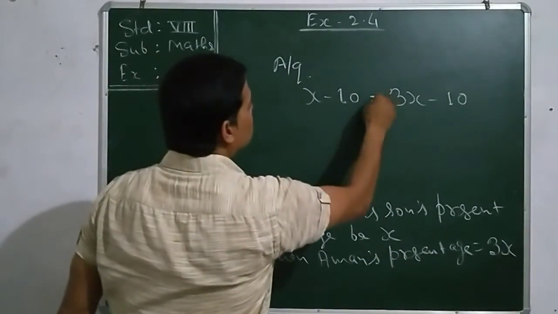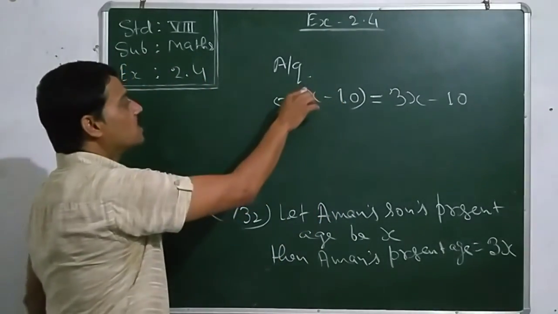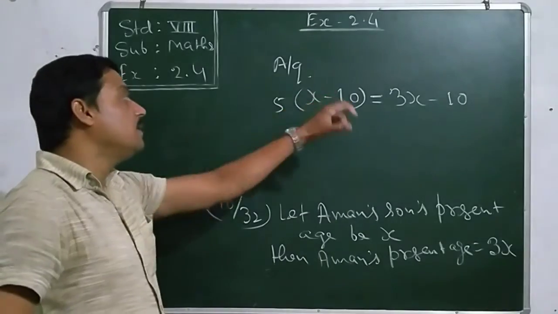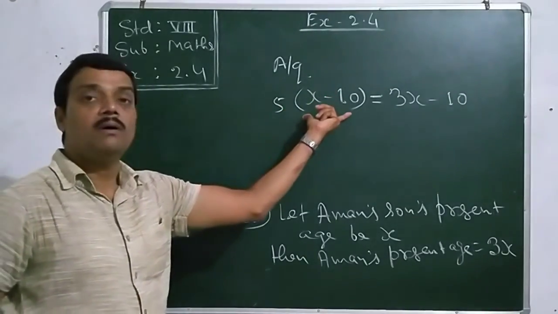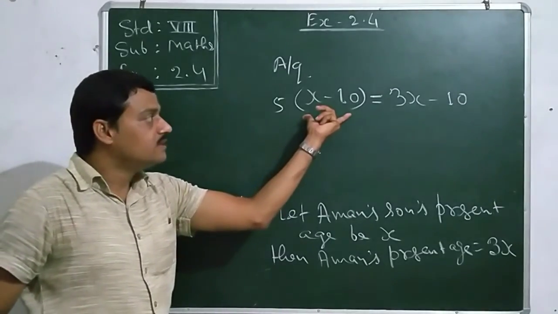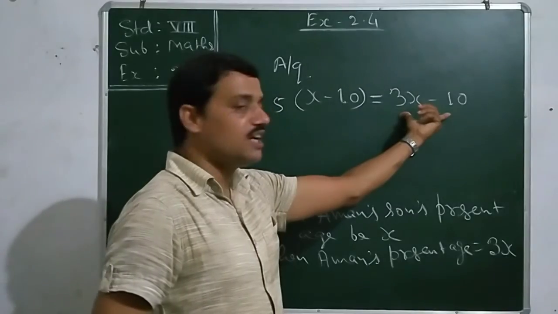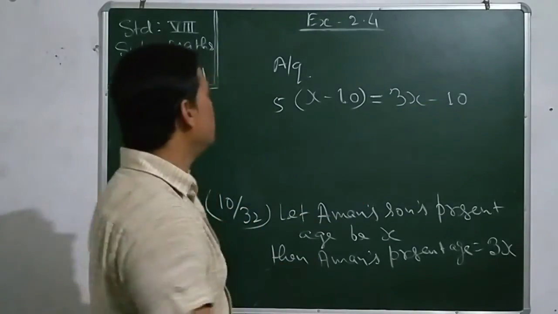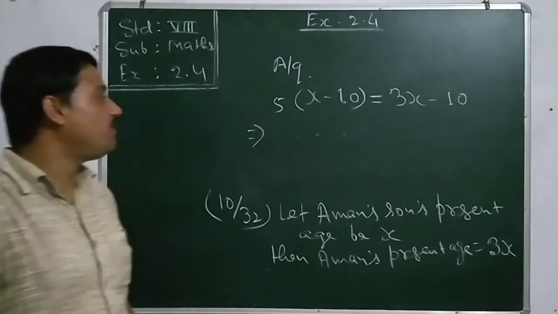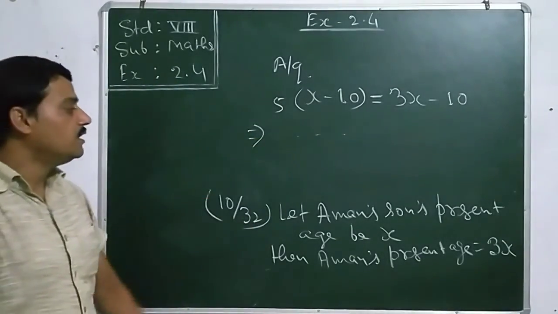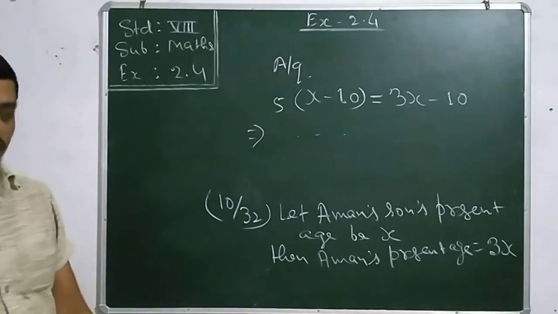So multiply 5 by the age 10 years ago of Aman's son, that will be equal to Aman's age 10 years ago. If you solve this equation for x now, you will get the value of x, and you can calculate Aman and his son's age as I have explained you in all the sums.